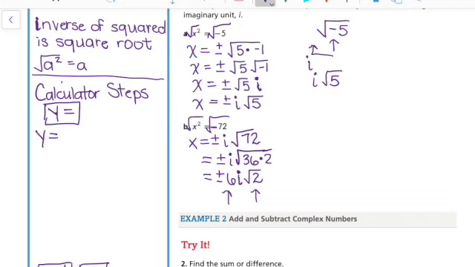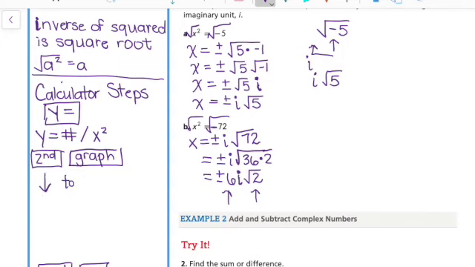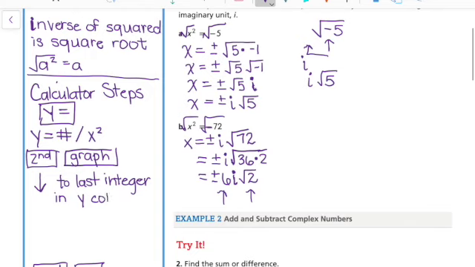All right, calculator steps. We did y equals, and in y equals, we put the number divided by x squared. Then we pressed second graph to look at the table, and we went all the way down to the last integer, so that just means number, in the y column.